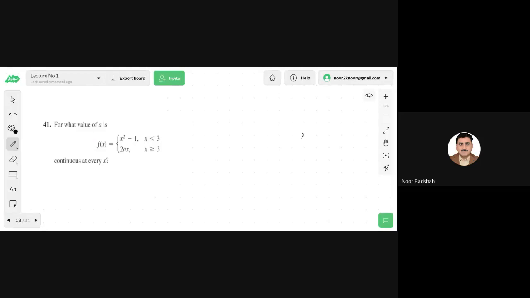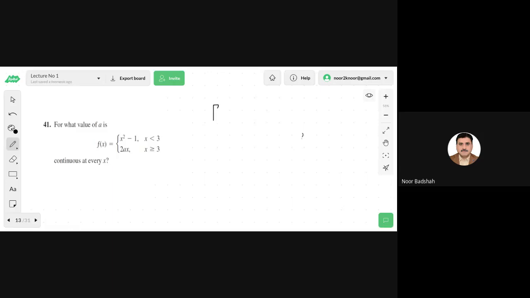Right, I'm explaining this one now here. You see, it says for what value of a this function is continuous at every x. Okay, you see, it's a piecewise defined function, and I will be explaining how to check continuity. Before I move towards continuity at every point, let me tell you one thing.